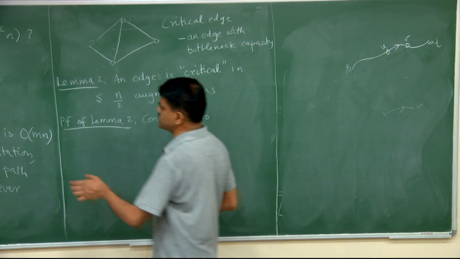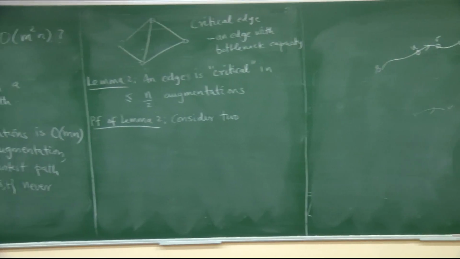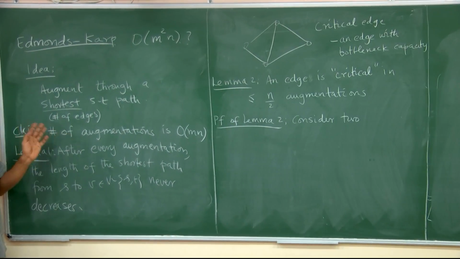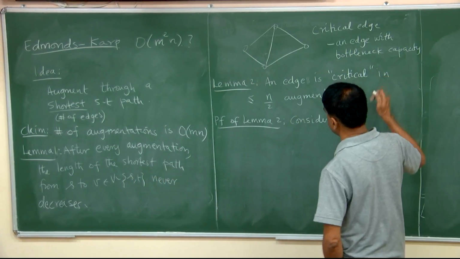So this claim is still true, even though I changed the statement, because you take an augmentation, some edge becomes critical in that augmentation, and associate that augmentation to that edge. Then you cannot map the same edge more than n by 2 times. So the number of augmentations would still be mn. Okay, so let's try and prove this.